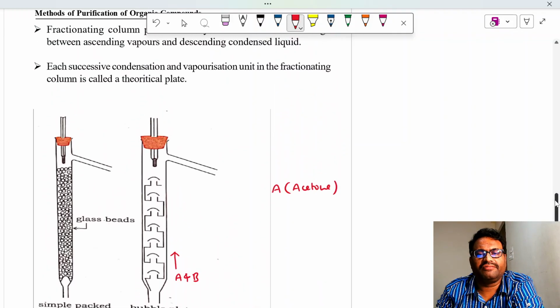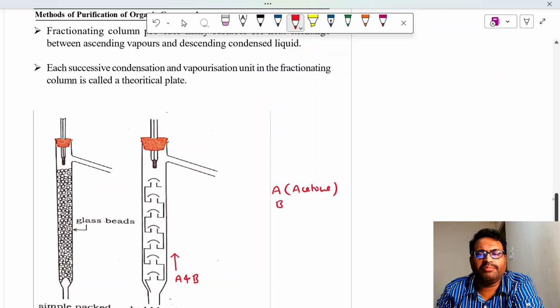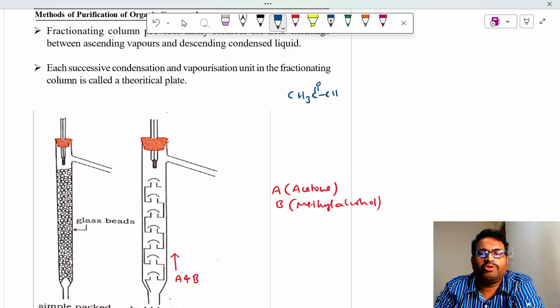Methyl alcohol. So among these two, which is more volatile? Acetone is more volatile than methyl alcohol.